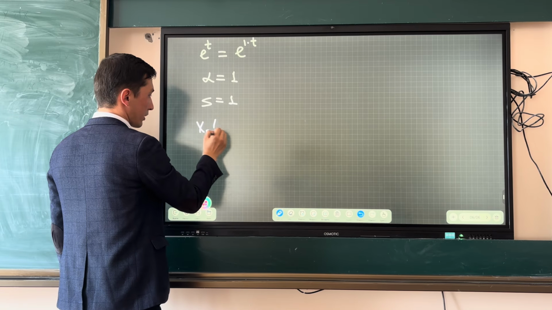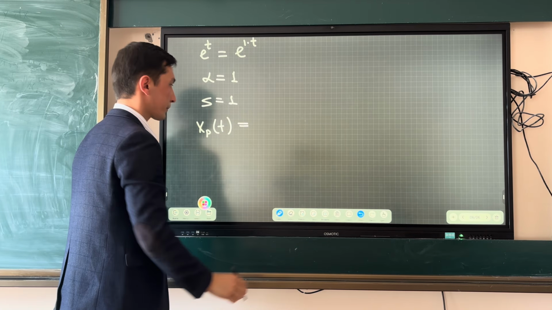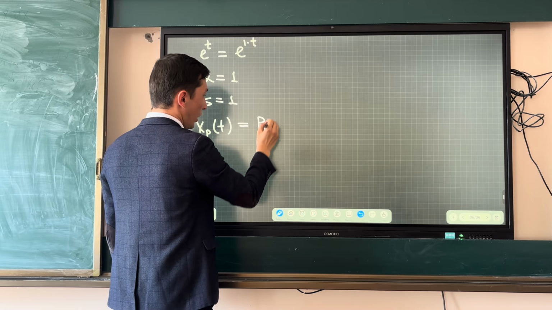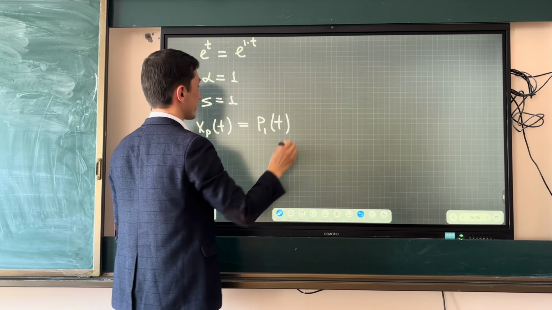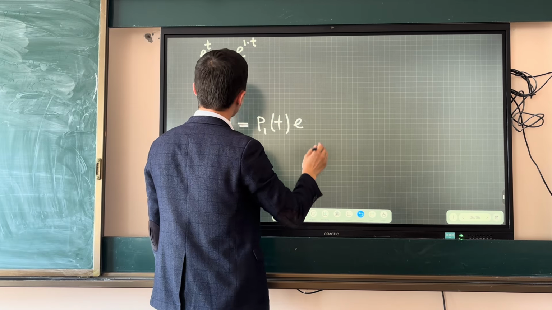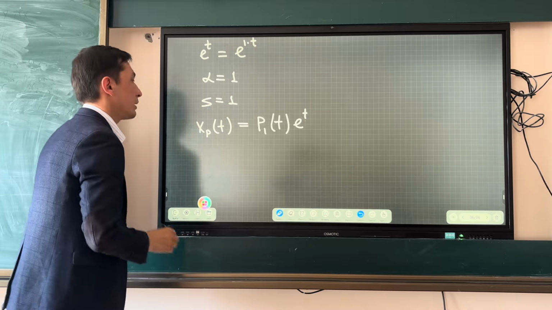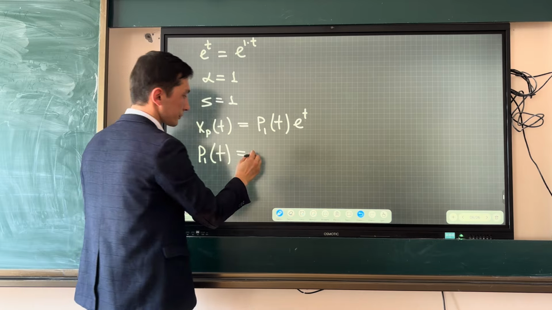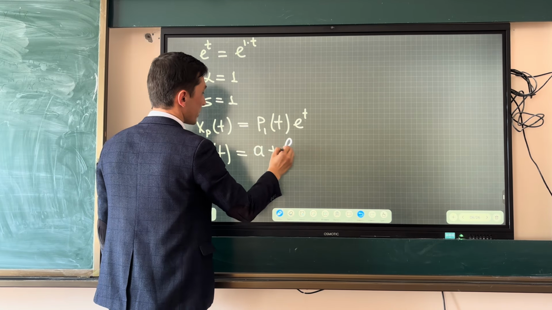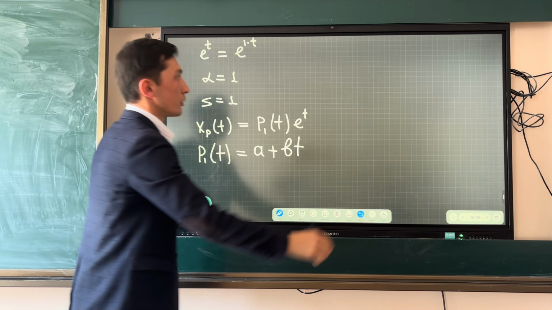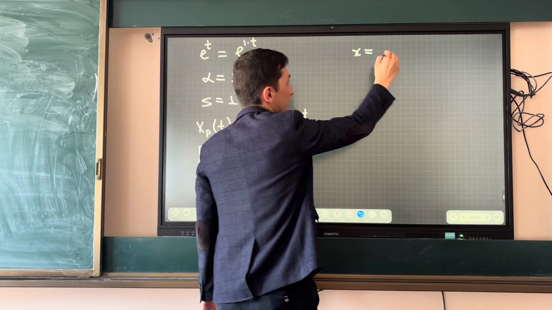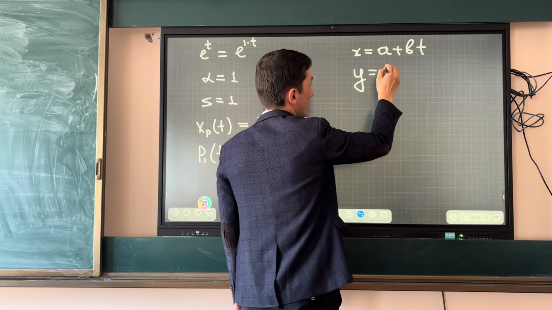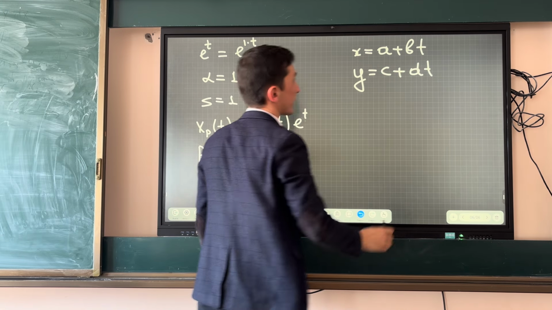X particular of t equals P_1 of t e to the power of t. Here, P_1 of t equals a plus bt. And we consider x equals a plus bt and y equals c plus dt.